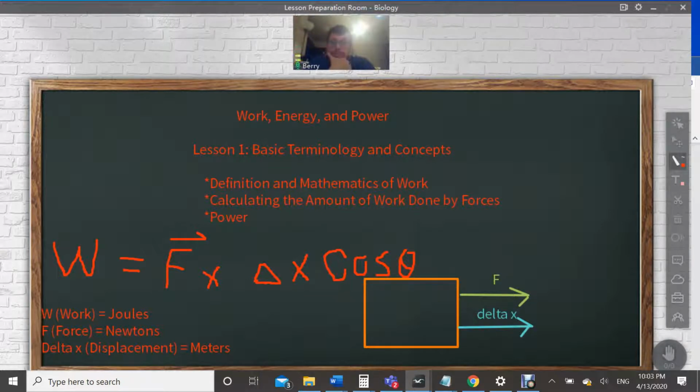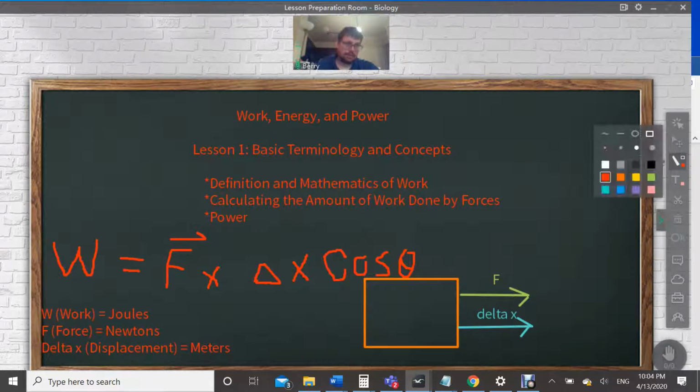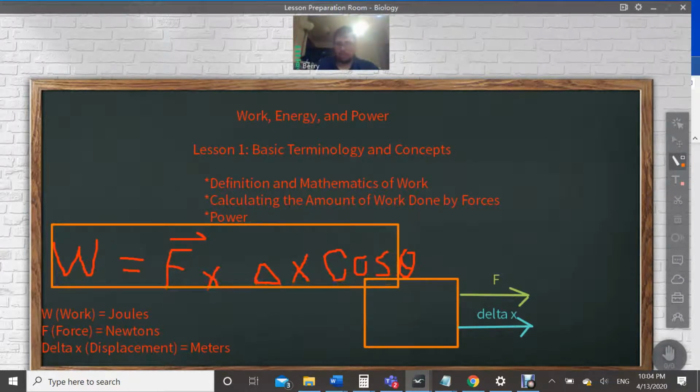If you take a look at this, the force is in the same plane as delta x. Theta will be equal to 0. Cosine of theta is 1. When we look at that, what happens is that we are left with that original equation we were working with.